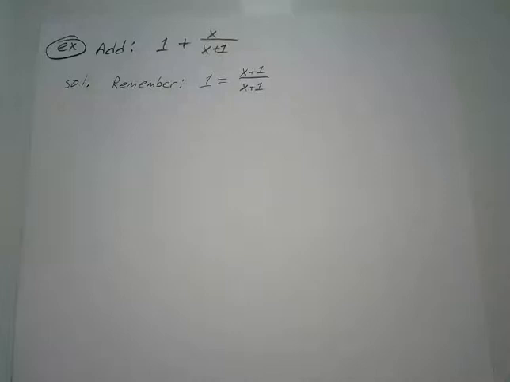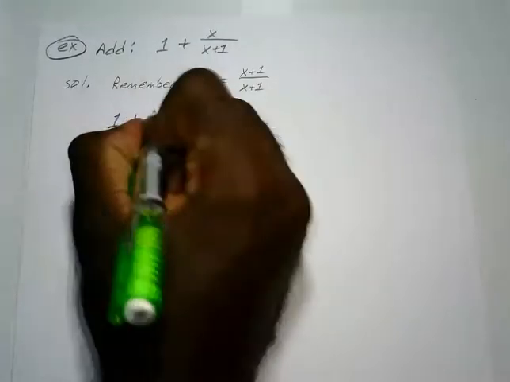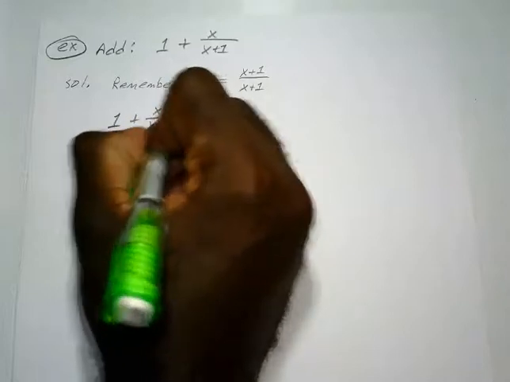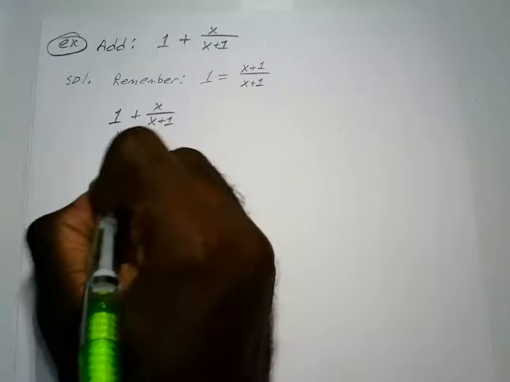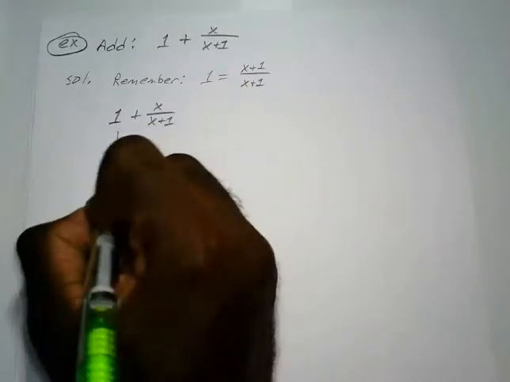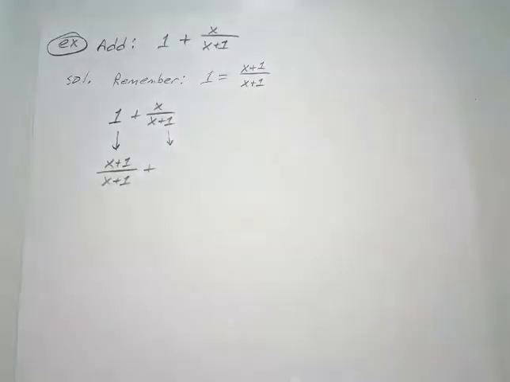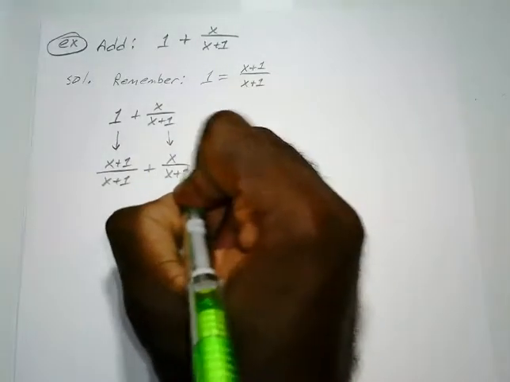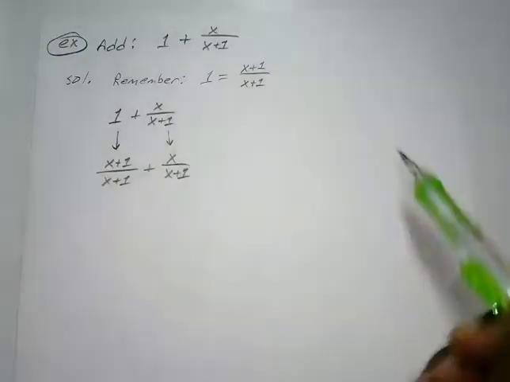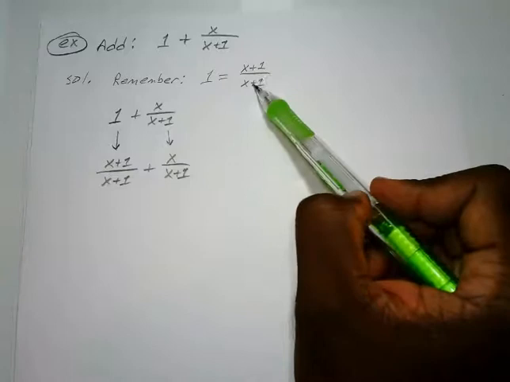Okay, so you immediately have a common denominator because our 1 plus x over x plus 1, that 1 became x plus 1 over x plus 1 plus, and this one just stays the same, x over x plus 1. Now remember, if this would have been x minus 2, you could have made 1 equal x minus 2 over x minus 2.